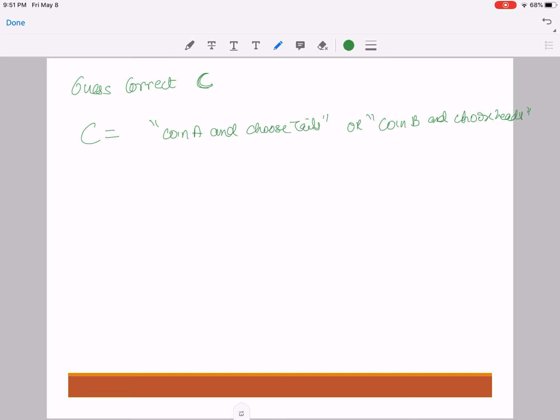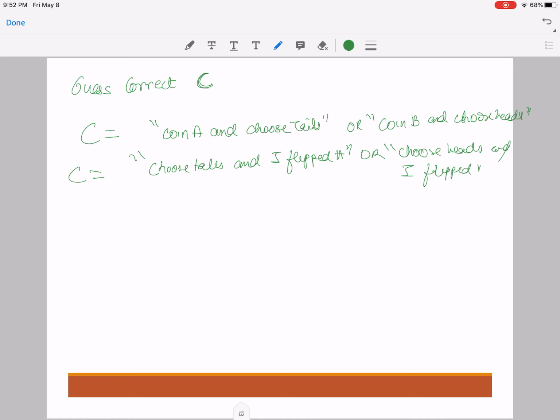Or rather, let me rewrite the statement one more time. I can get a correct guess if I choose tails and I flipped A, or I choose heads and I flipped B. If either of these two were to happen, my guess would be correct.